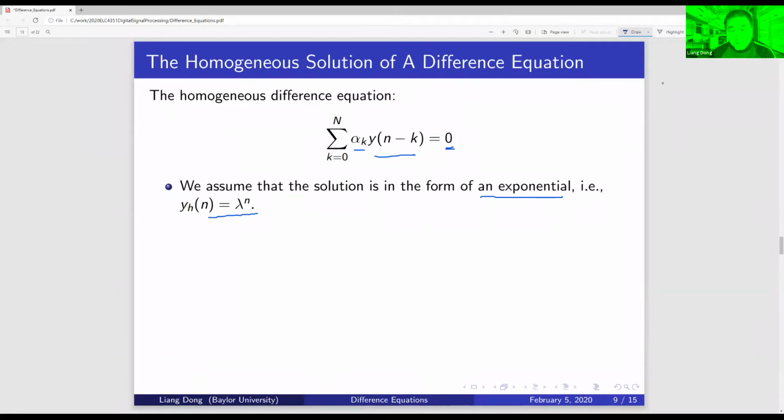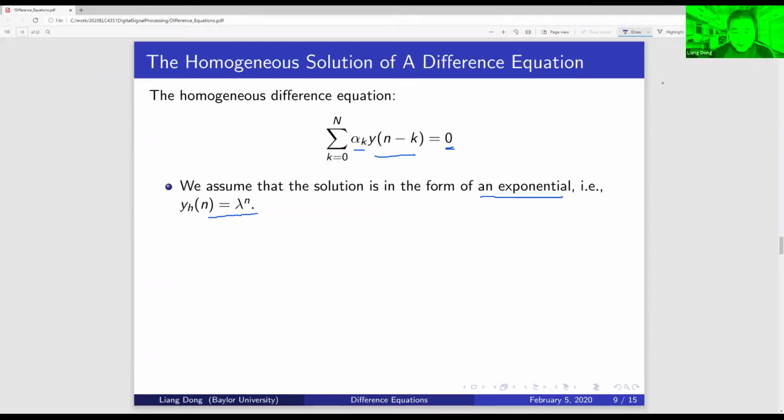This comes from the differential equation too. For a differential equation with y, dy/dt or y double dot, the solution is a constant base lambda to the power t.